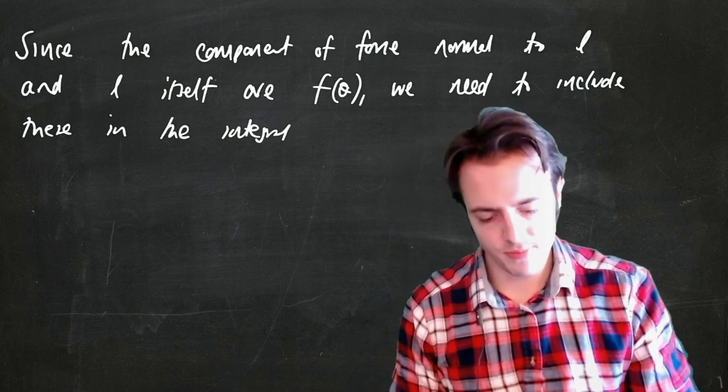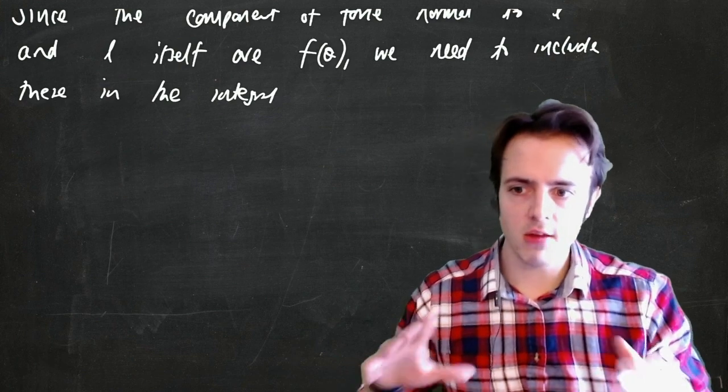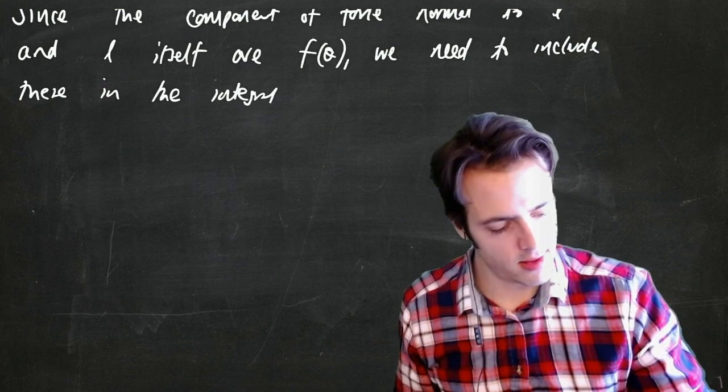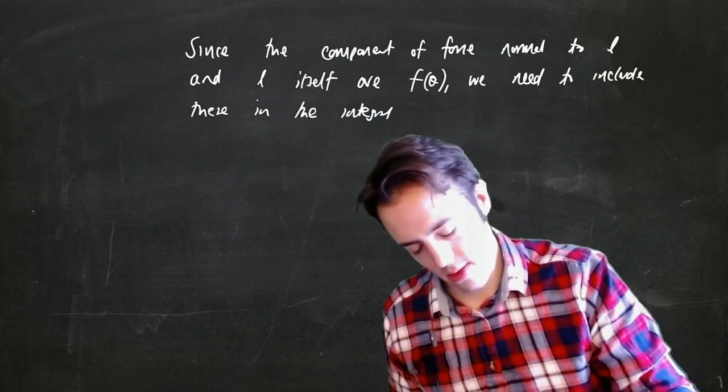So we need to include them in the integral. So I'm going to say that my rate of change of the contribution to moments as a function of theta. Let's look at that, okay? So I'm going to draw this shape out again.